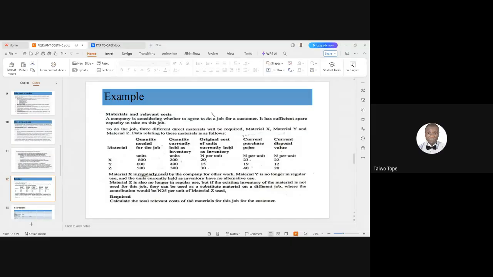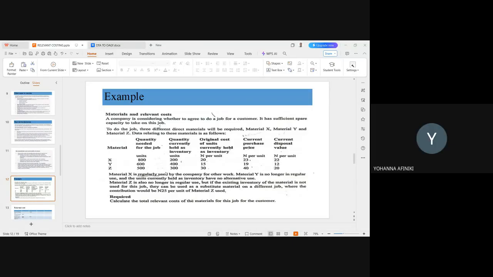Material Y is no longer in regular use, and the units currently held as inventory have no alternative use. What will happen here?